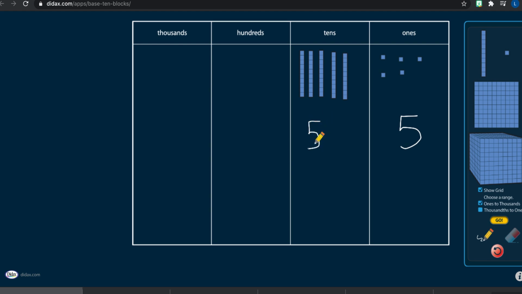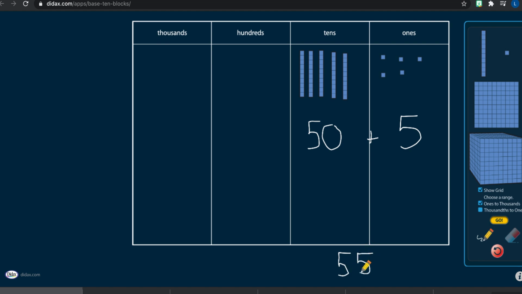Miss Sparks was writing with the opposite hand. So I have 50 here. Now, because I have to put these numbers together, I'm going to do 50 right here plus 5. And this is going to be my number, which is 55.